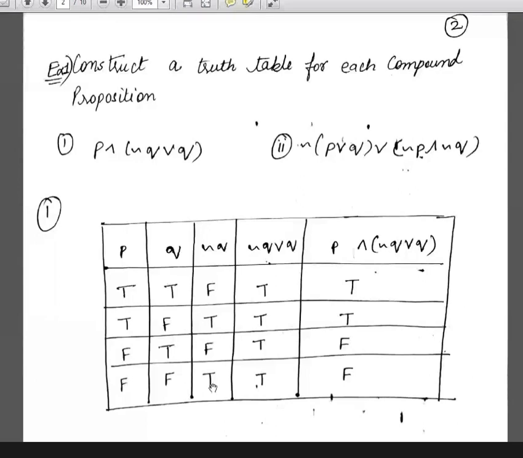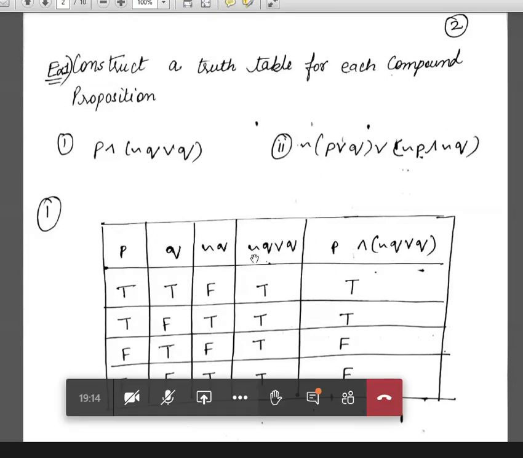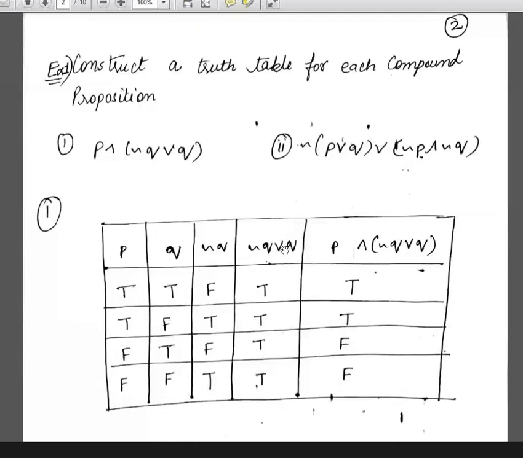Now the next column is negation Q or Q, that means disjunction. What is the rule for disjunction? If any value is true, then the answer is true. So you have to find the or between column 2 and column 3.